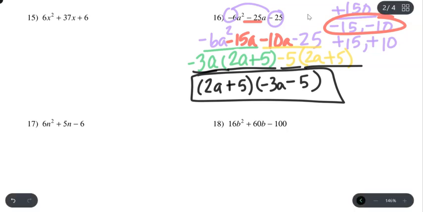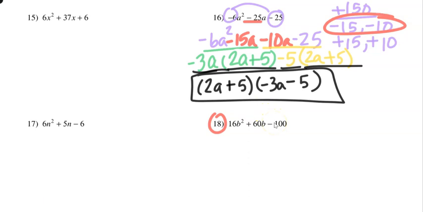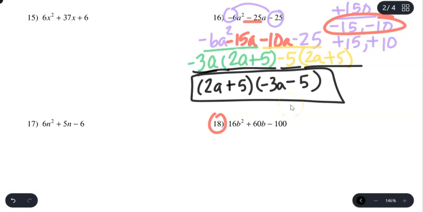18 looks like it's kind of a booger, right? 16, 60, and 100. Big numbers. But there is a common factor. Instead of having to do 16 times negative 100 and get 1600 and have to factor that, you can do something preemptive.